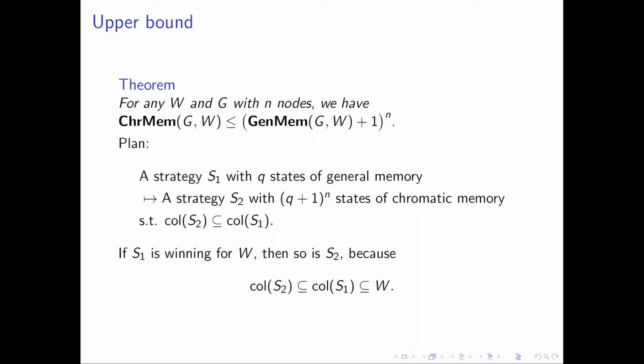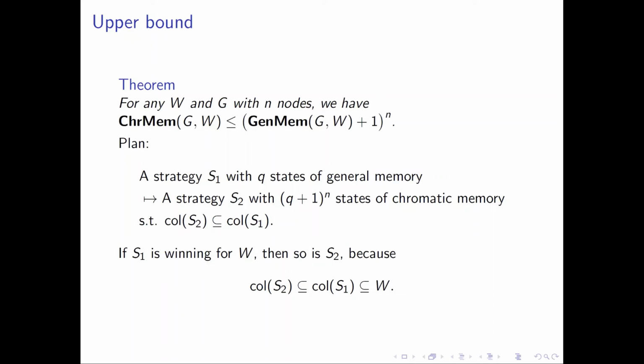The plan is to convert any strategy S1 with Q states of general memory into another strategy S2 with (Q plus 1) to the n states of chromatic memory, such that Cols of S2 is a subset of Cols of S1. What is Cols of some strategy? It's just the set of all infinite sequences of colors that can be obtained in a play with this strategy.